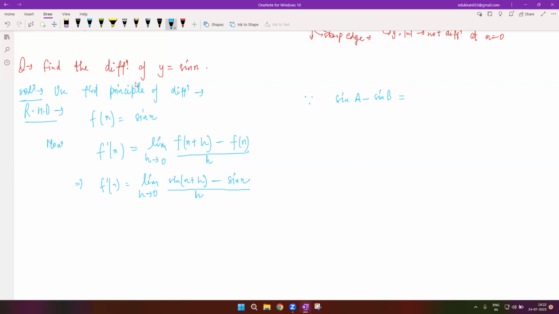Okay. So sin A minus sin B is 2 cos (A plus B)/2 into cos (A minus B)/2.